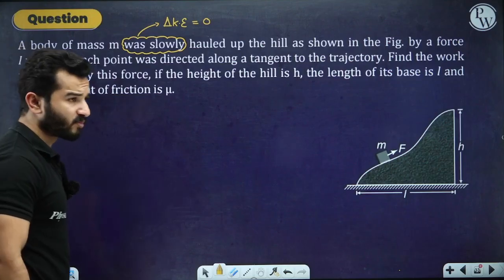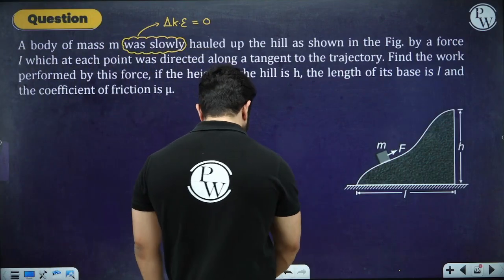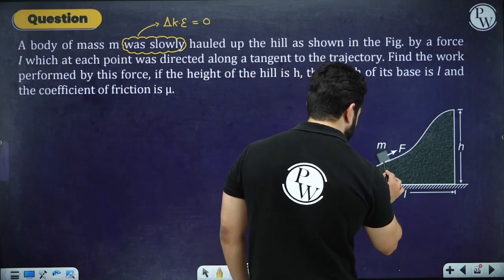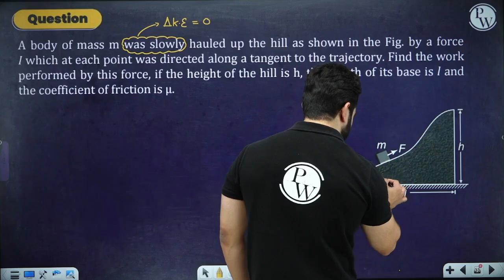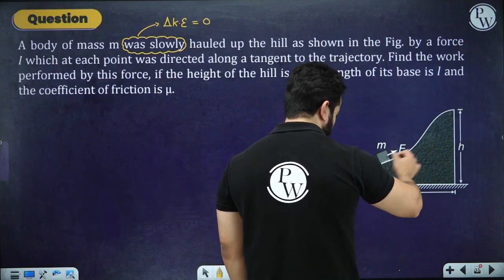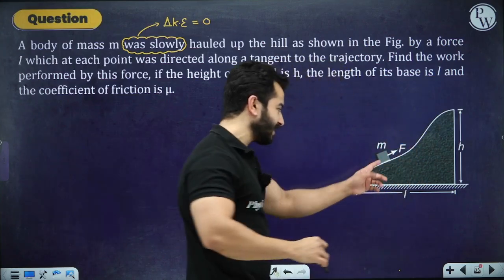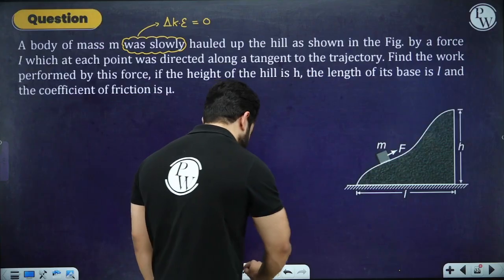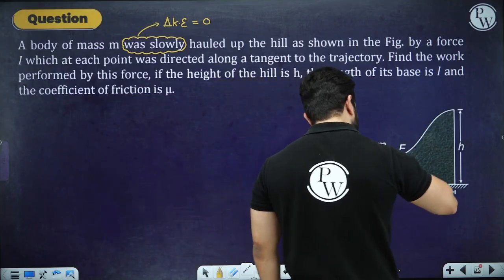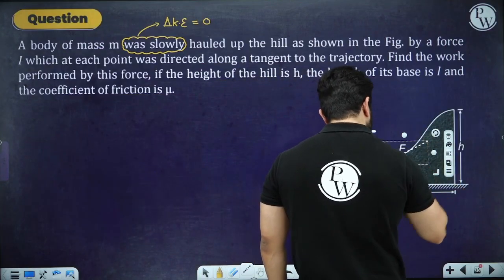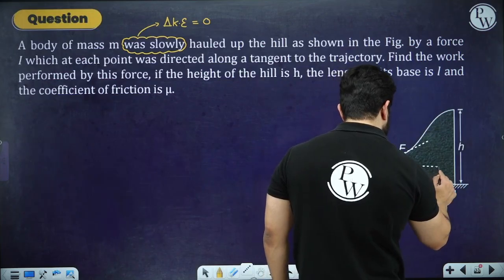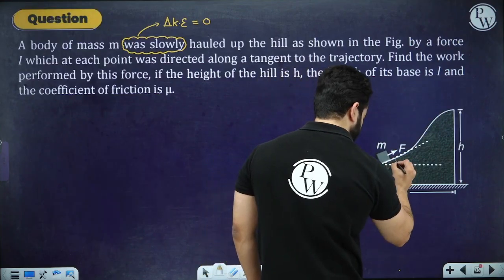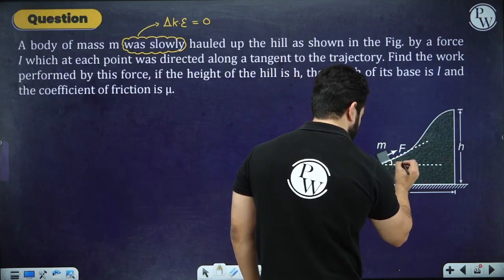All right. Hopefully you can see the diagram clearly. At this particular point, mg will act downwards, of course. Let's say the angle that the tangent makes, so let's suppose this is the tangent, so the angle that this tangent makes is theta.